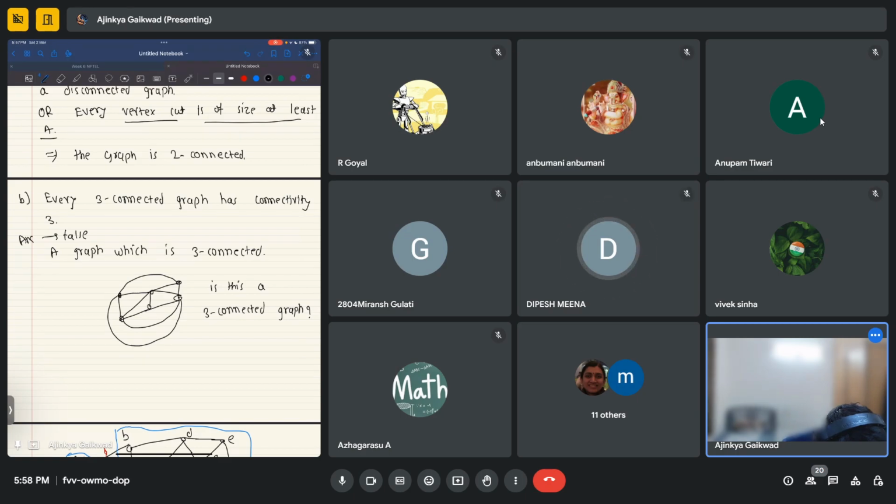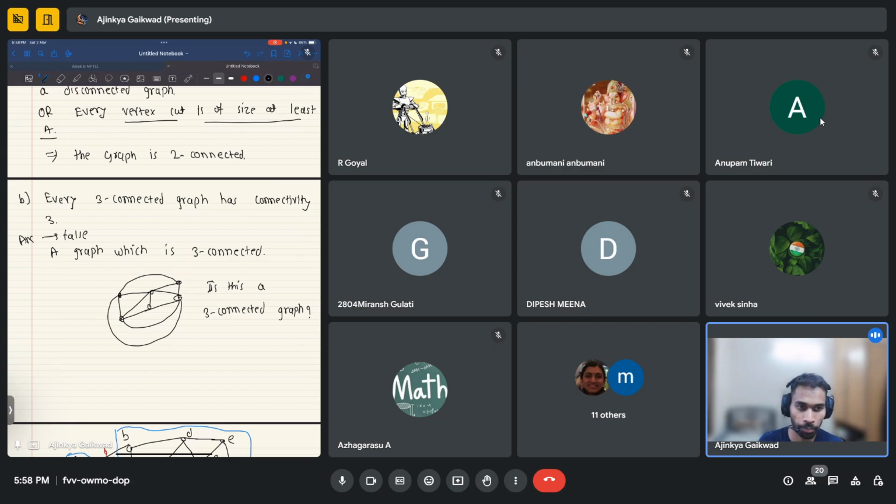No, so this is a three connected graph, right?